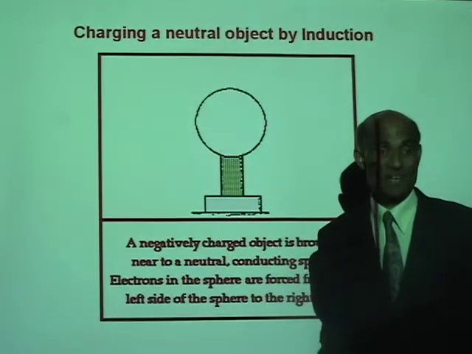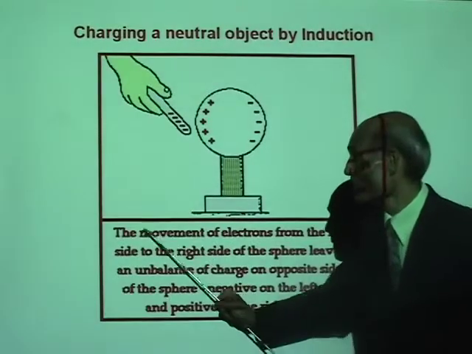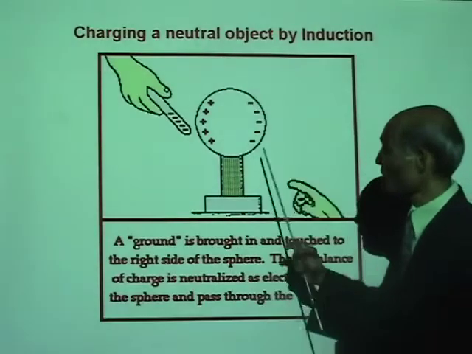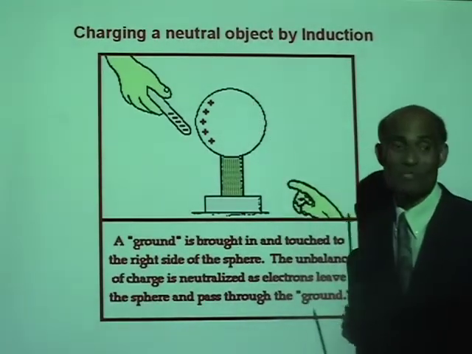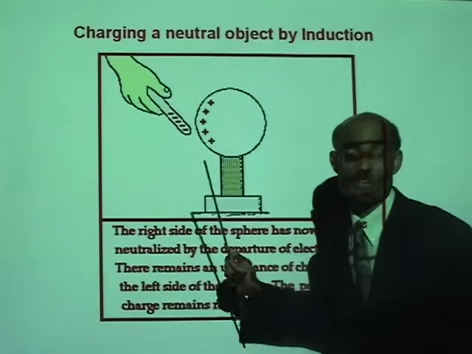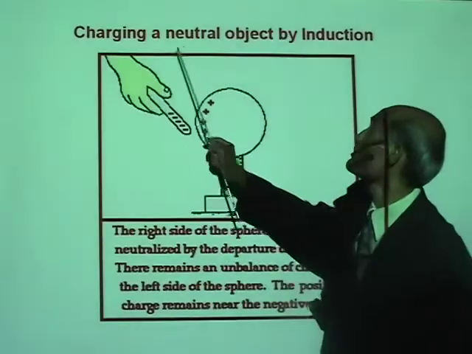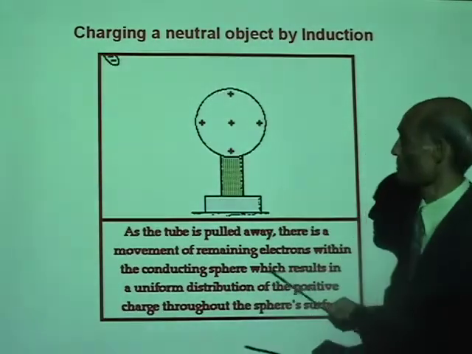Is that right? I want you to write this in your own words, although the explanations are actually written down here. Watch the animation a number of times and see what happens and write down an explanation of charging a neutral object by induction. Write it down on your own.